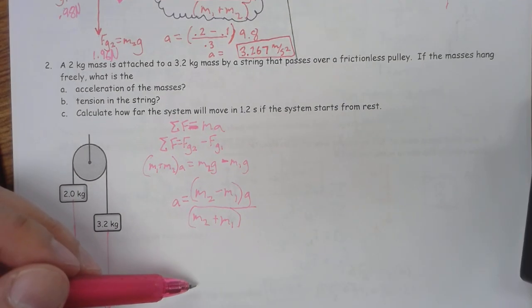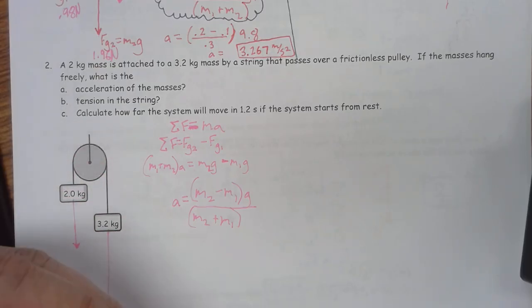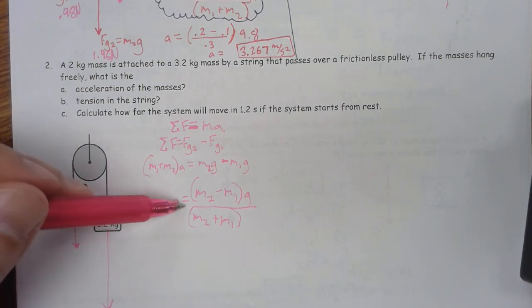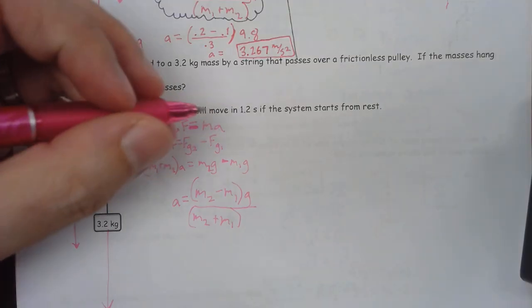So if this was a 3-point problem, you need the source, you need to show your work, and you need to get to just about the right answer. Okay, so memorizing this is not enough. We need to have the steps beforehand as well.